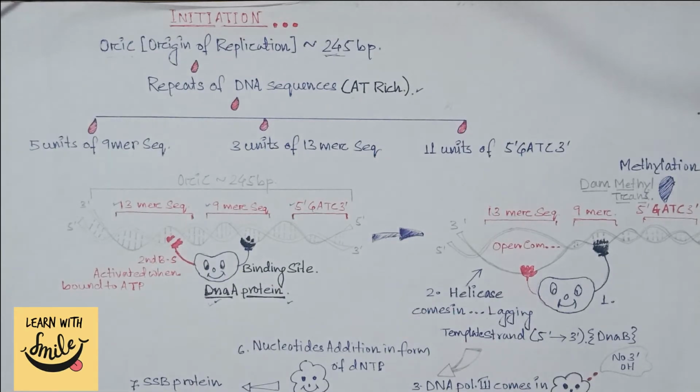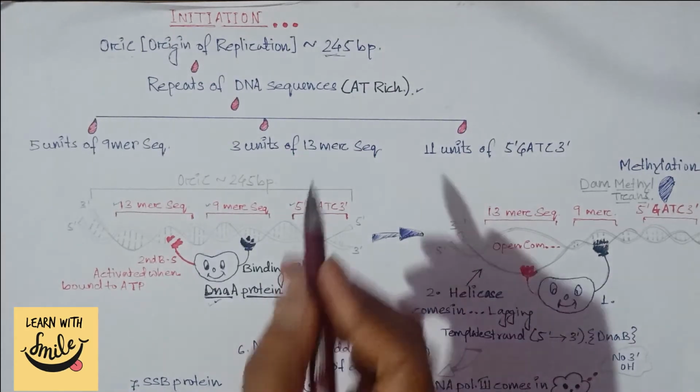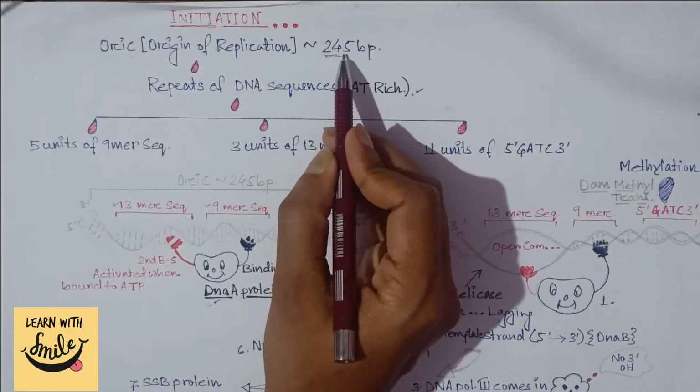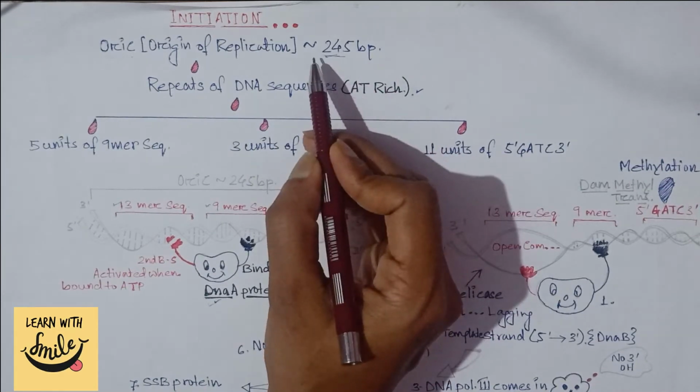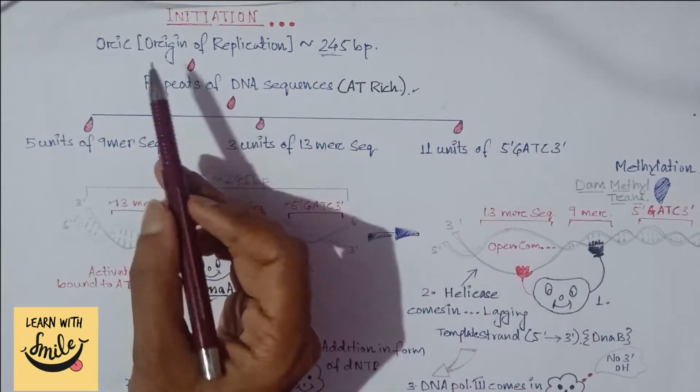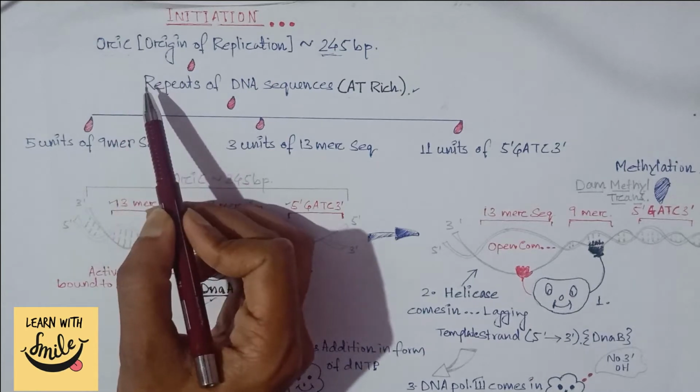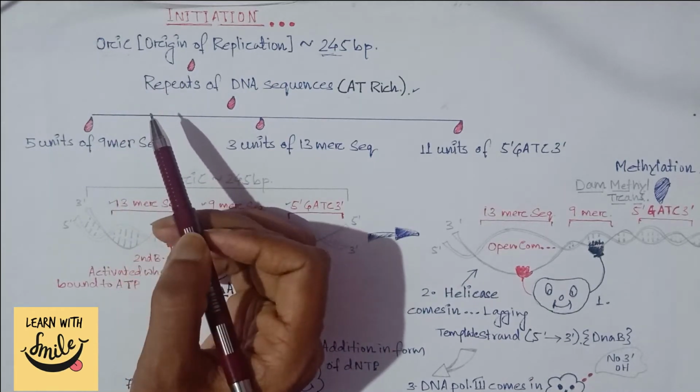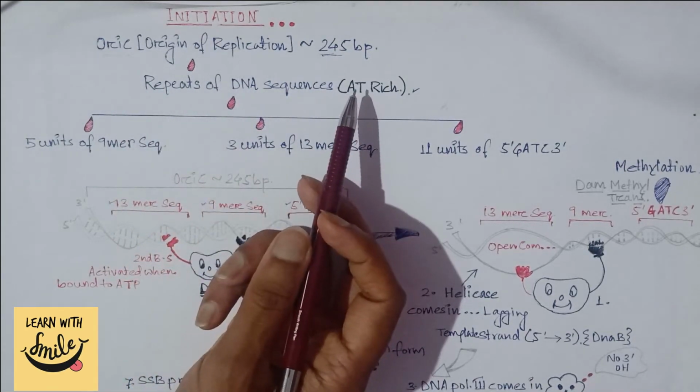Starting with the first module, initiation, the very first thing we need to focus on is the OriC, that is the origin of replication. The origin of replication is approximately 245 base pairs. This OriC envelops certain repetitive sequences which are AT rich.